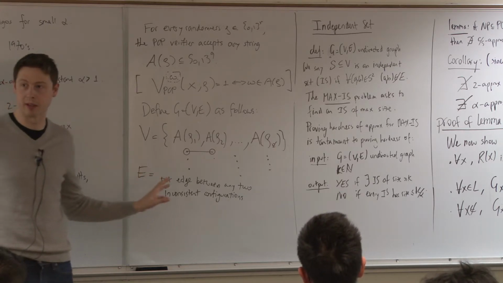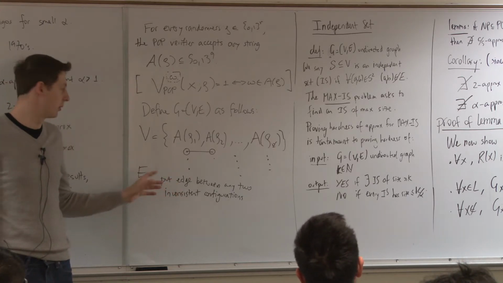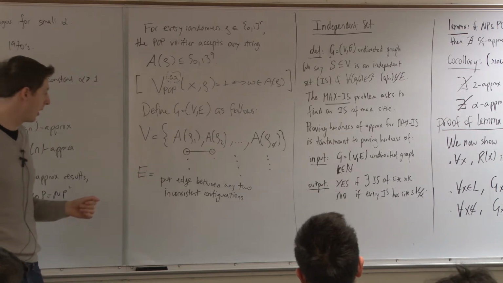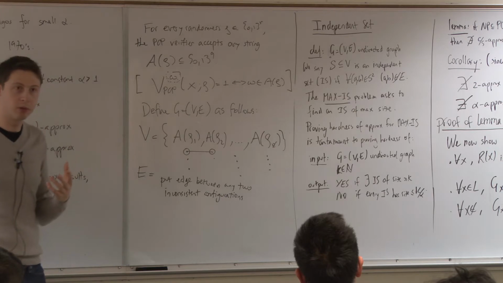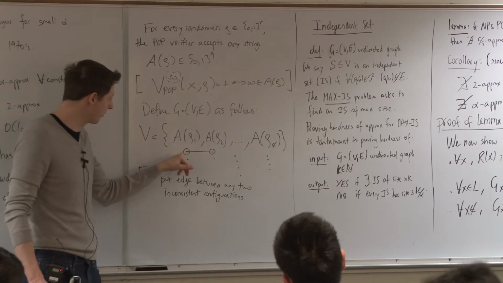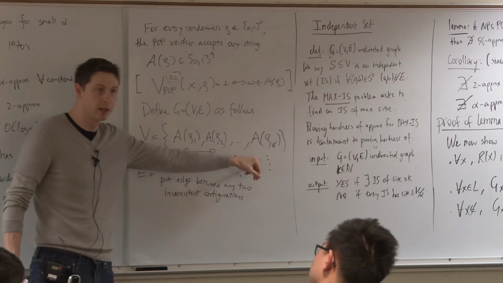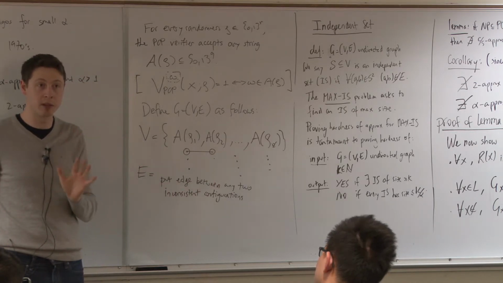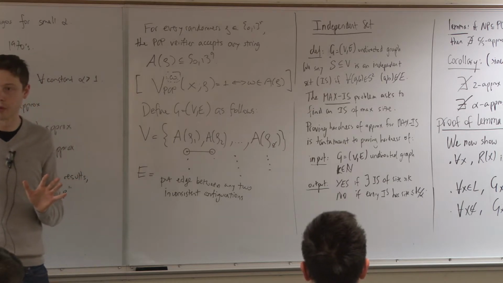But this is the main thing. So right now I've written down a graph where basically what I'm trying to do is force any independent set to be consistent with a full proof. If I pick something from here, something from here, something here, something from here, and it is an independent set, this is something I could in principle extend to a full proof.